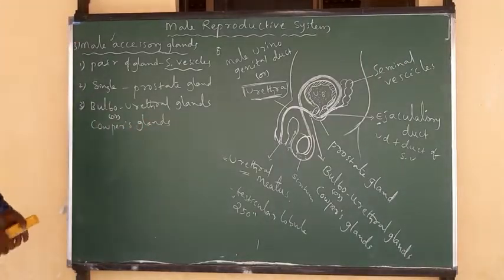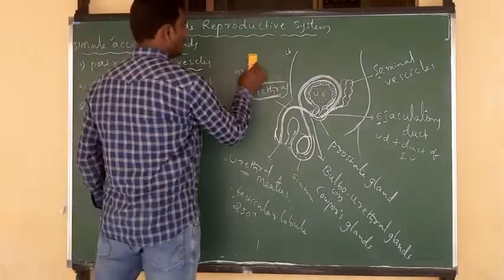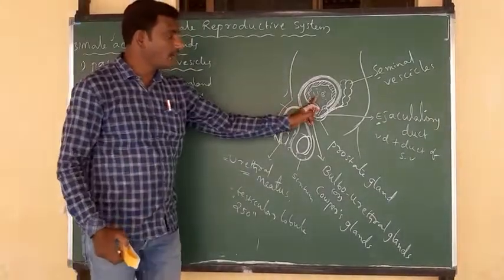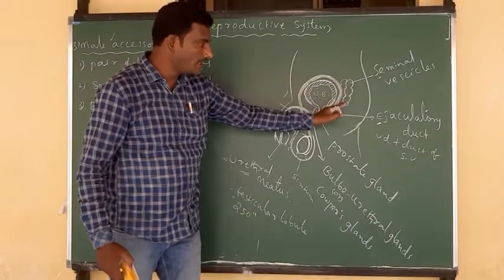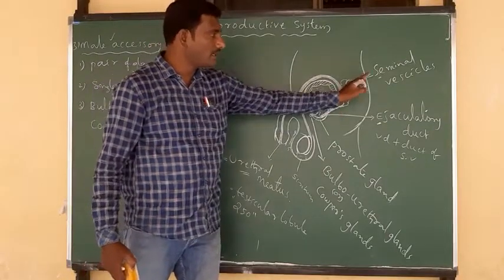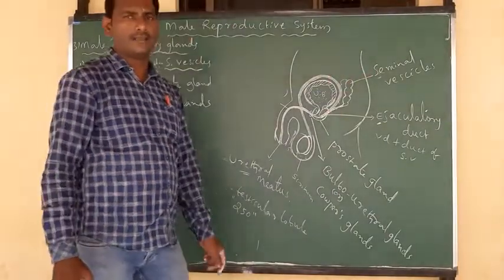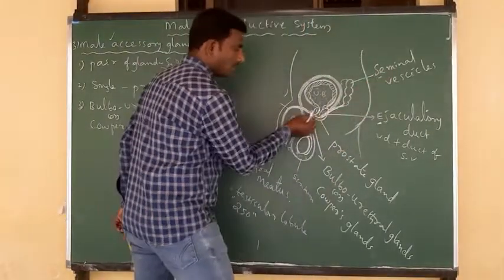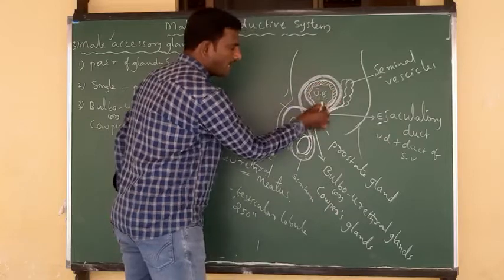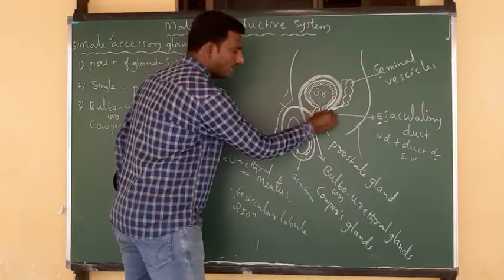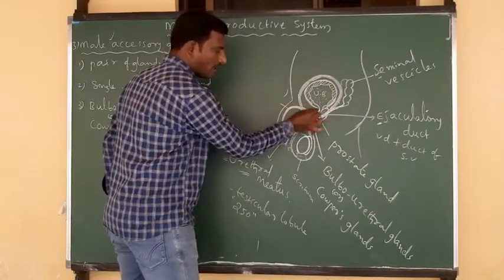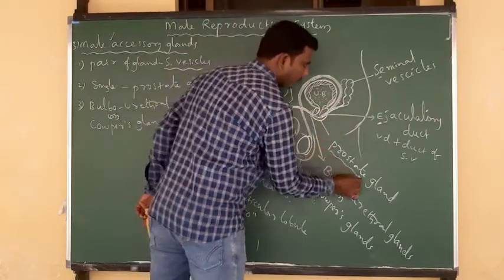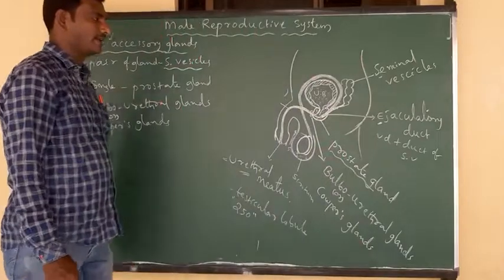See here, when we observe the male reproductive system, exactly behind the urinary bladder, a pair of elongated glands are present. These elongated glands are called seminal vesicles. Next, exactly beneath the urinary bladder, one large single gland is present. This large single gland is called the prostate gland.